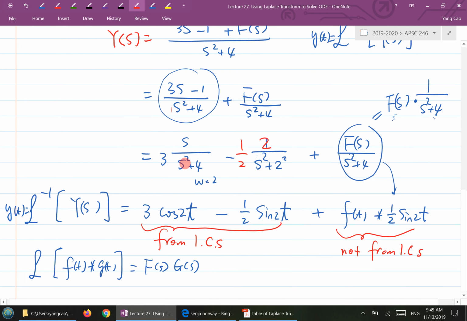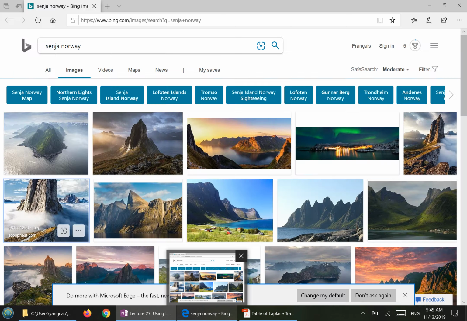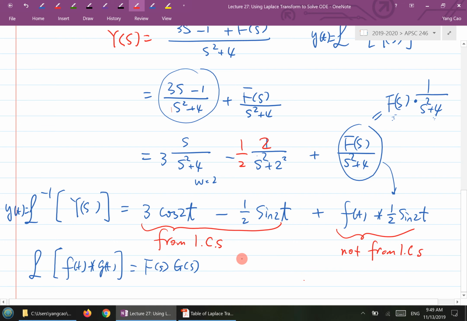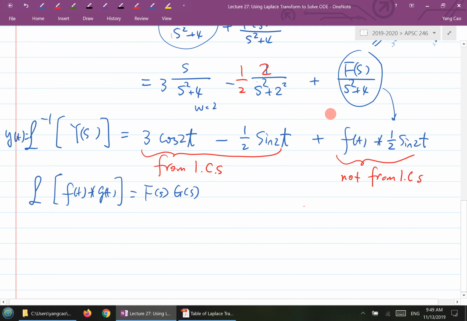Then you use the table to find y of t. So essentially this process is like a detour compared to the time domain solution. The detour is to use the S domain, which is the Laplace approach, but you have to make use of the table to simplify it and find the solution. That's the idea of using the Laplace transform.